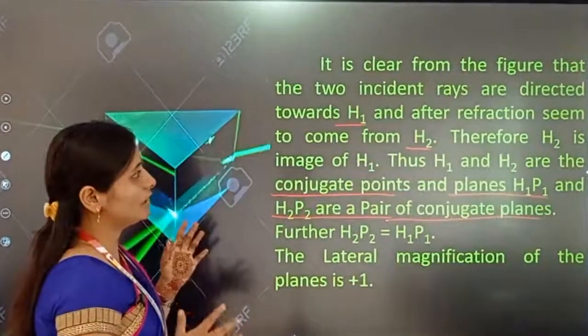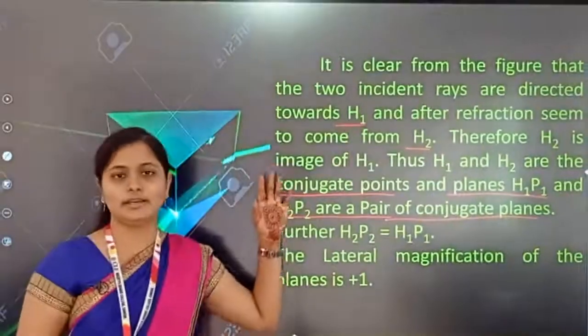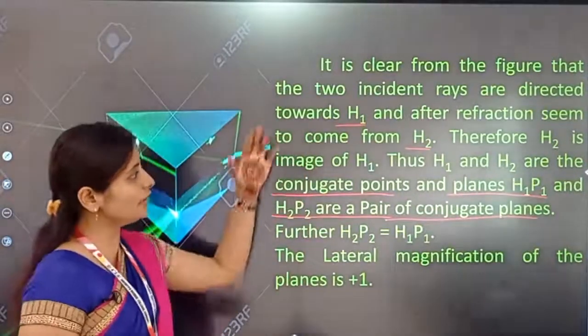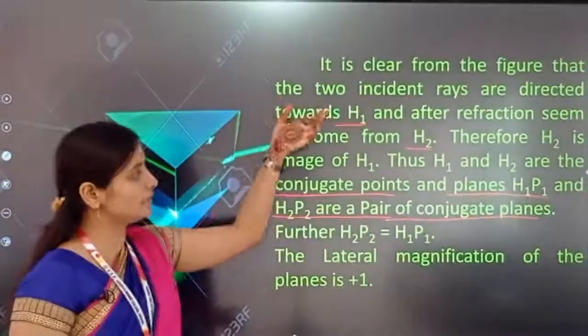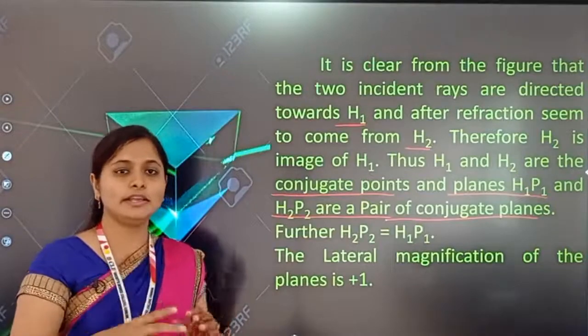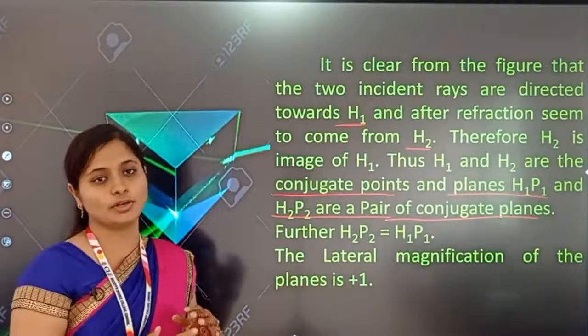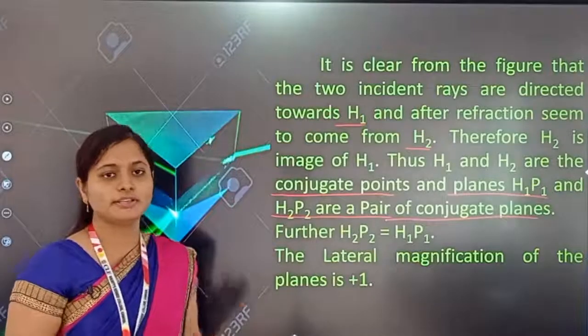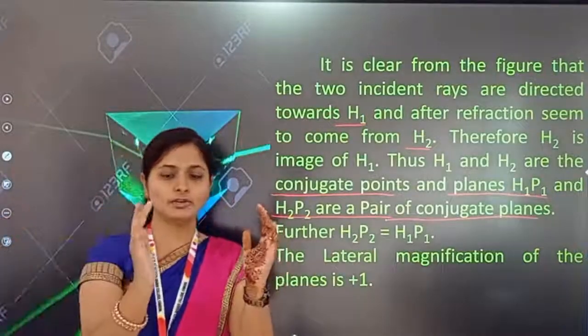So see here what is given in the figure. I already showed you in the slide figures. In the figure, two incident rays are directed towards H1. If two incident rays are directed towards H1, what happened? And after refraction they seem to come to. Suppose first it is directed, two surfaces are there.